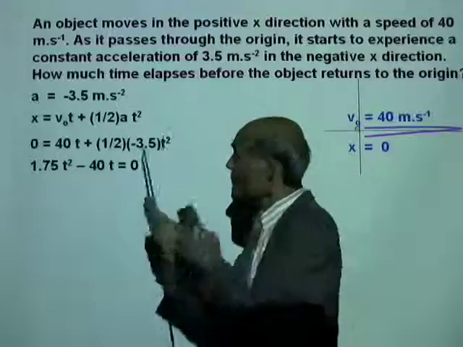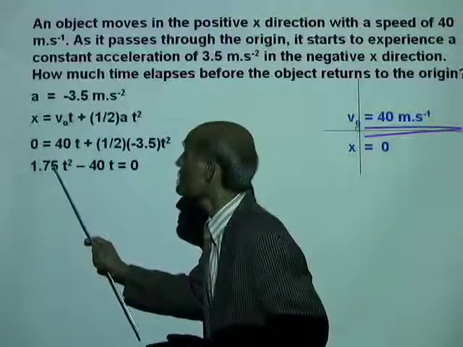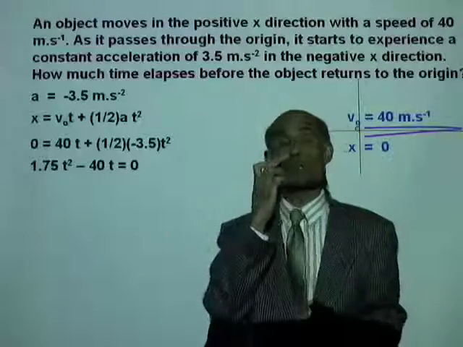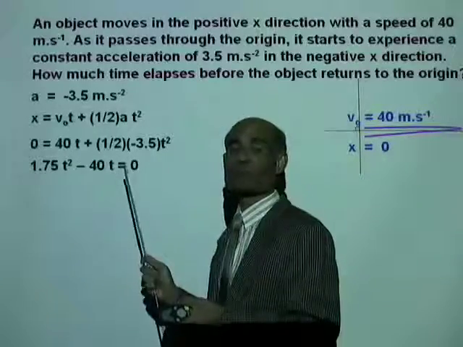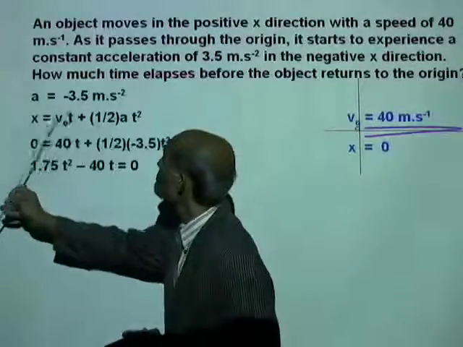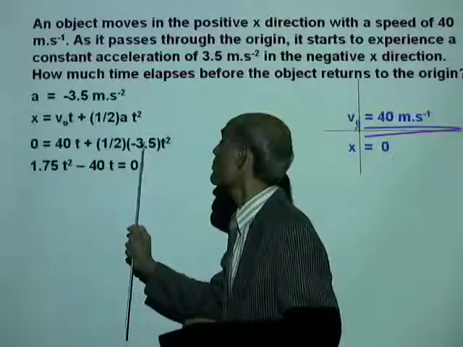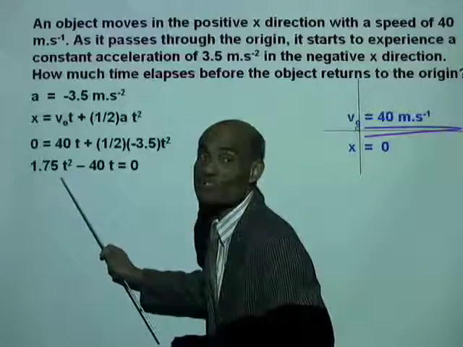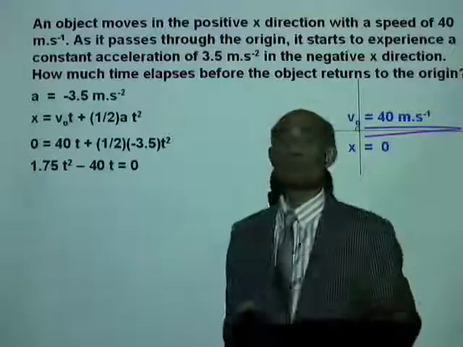Or I'm going to change the sign of everything. 1.75 t squared minus 40t equal to 0. I hope you understand. I just rearranged that equation. I took all these terms to the left and made the right side 0. The negative 1.75 t squared goes to the left, becomes 1.75 t squared minus 40t equal to 0.